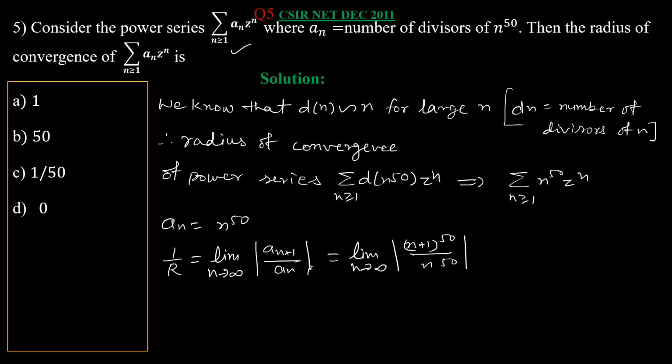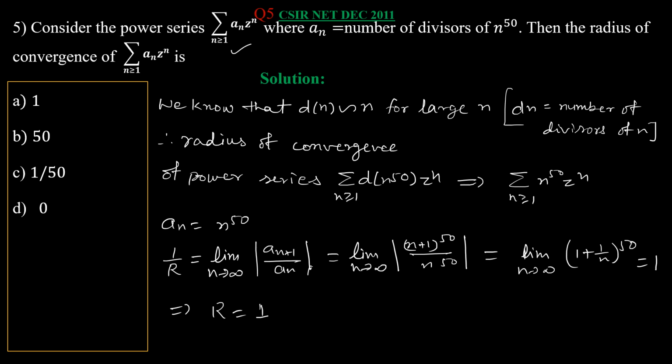If you take the division, it will be (1 plus 1 by n) to the power 50. As n tends to infinity, this is going to be 1. So the result is 1, and r will be 1.